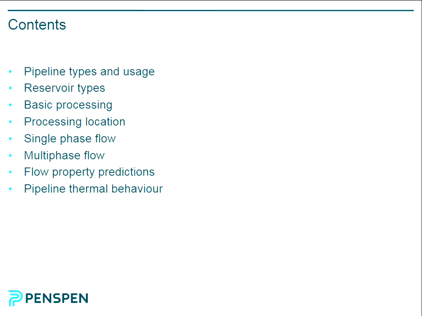First of all, we're just talking about pipelines and their usage, typically, and then about reservoir types, because multi-phase flow is almost invariably related to oil and gas. It's almost invariably related to hydrocarbons in a reservoir, associated with oil, gas, liquid and water all together. So as you produce hydrocarbons from a reservoir, that's really where the multi-phase flow comes in.